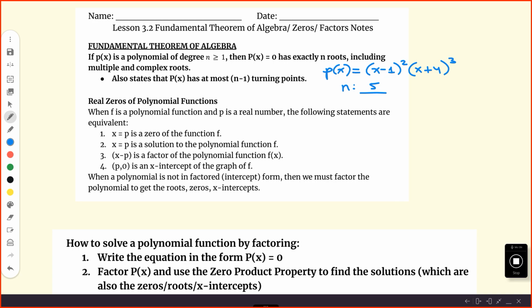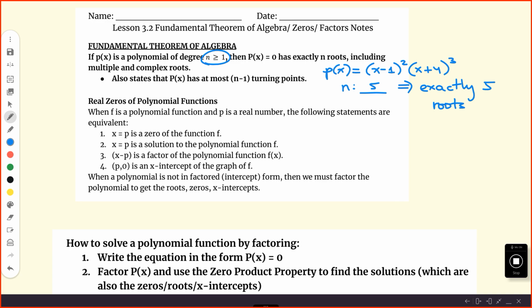So since we know that this polynomial has degree 5, and based on the fundamental theorem of algebra, we can determine the number of roots, right? Because whatever the degree n is, where n is greater than or equal to 1, then it has exactly n roots. Therefore, we can say that this one has exactly 5 roots. Okay, whatever the degree is.